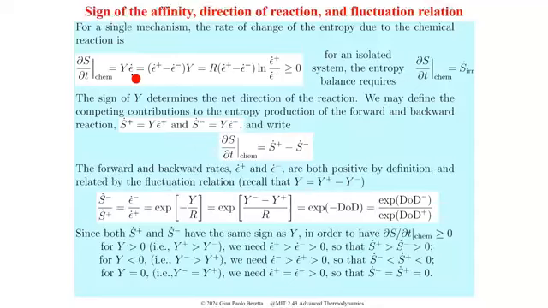In fact, if you write epsilon dot as epsilon dot plus minus epsilon dot minus, multiplied by the affinity, remember that we just discovered that the affinity is equal to R times the degree of disequilibrium. We get this expression, which gives us the rate of entropy change, which has to be equal to the rate of entropy produced by irreversibility for the isolated system.